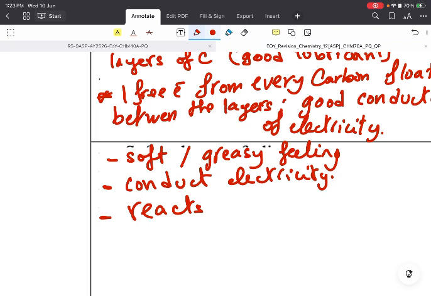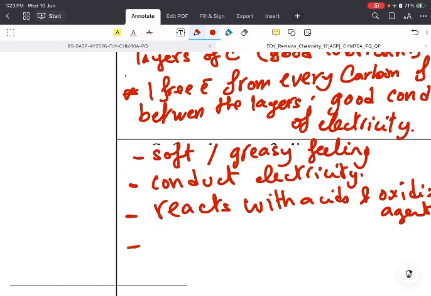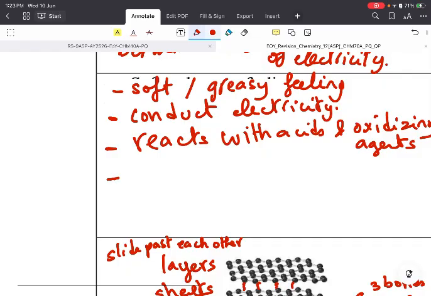You have to know this because carbon has this property. And whenever I say graphite, one should remember the pencil, okay?